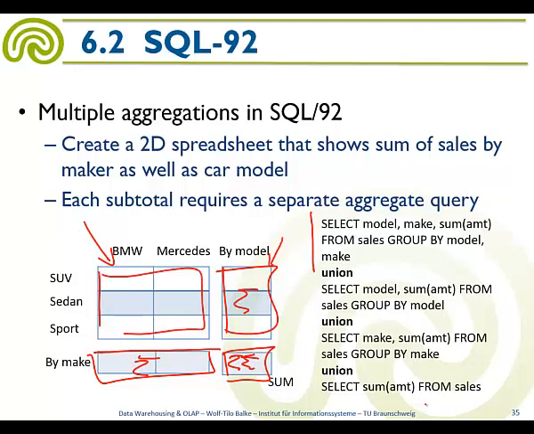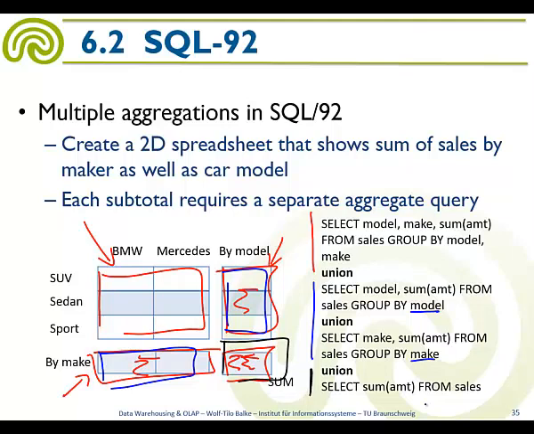Then you need the two aggregations by each individual row or column, right? So those two over here are those here. One group by model, one group by make, right? And you get the aggregation. Finally, we're talking about the apex.